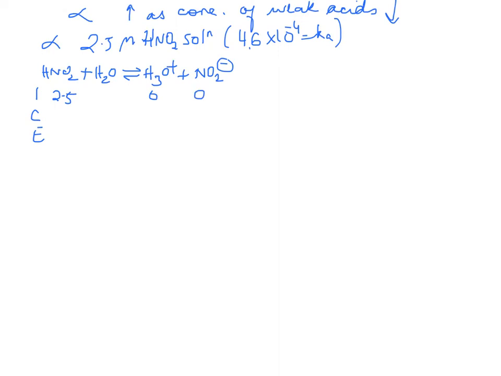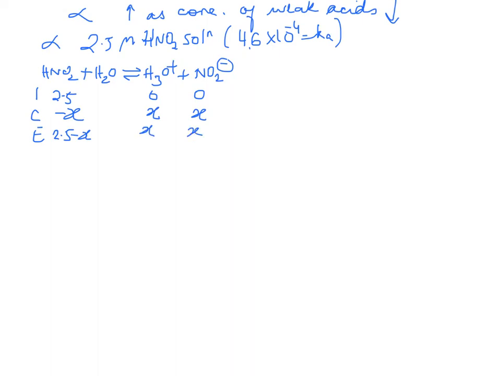The change will be minus x, plus x, and plus x. The reason we write it like that is that for every mole of HNO2 that undergoes dissociation, the same number of moles of hydronium and nitrite are generated. Equilibrium is just the summation of the two.